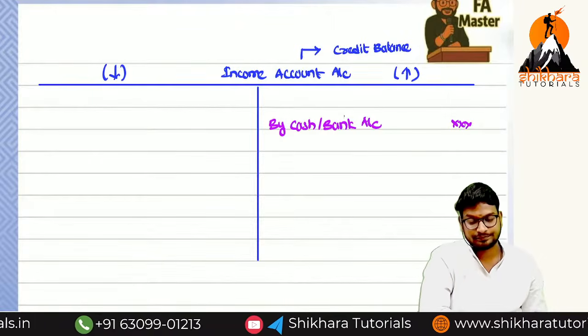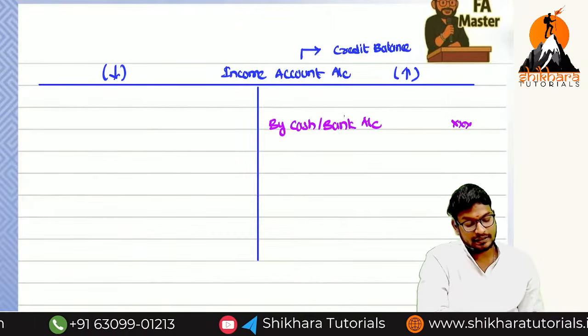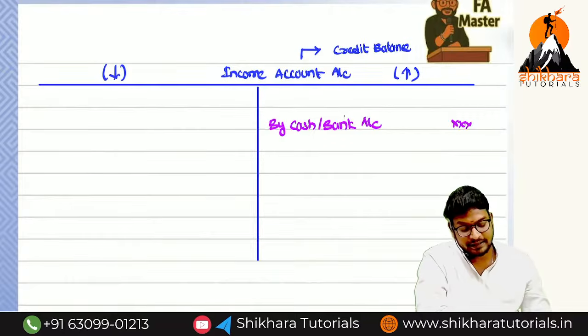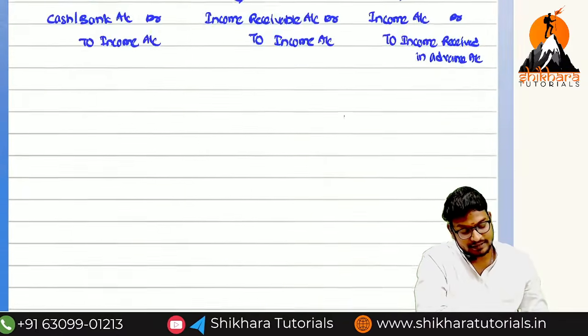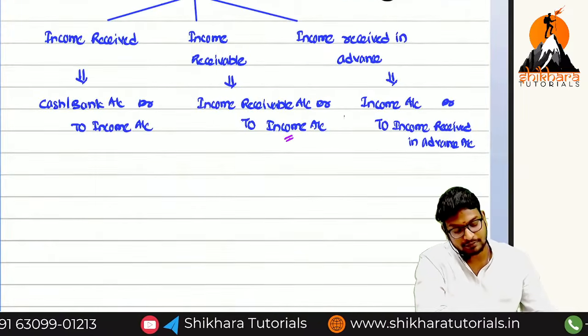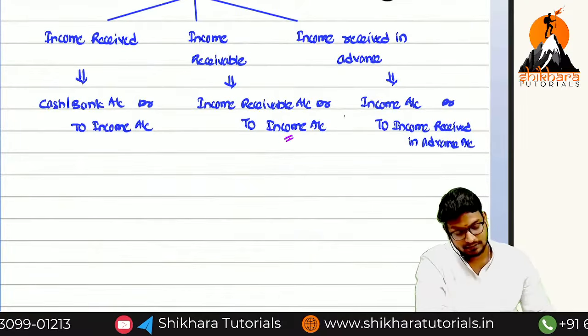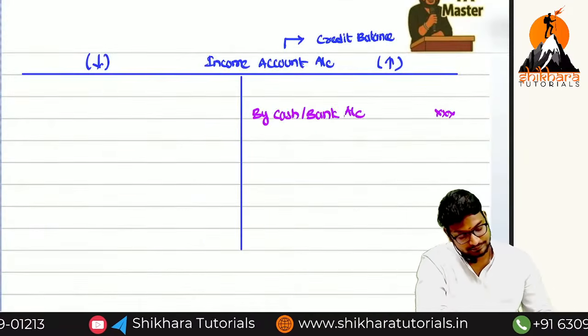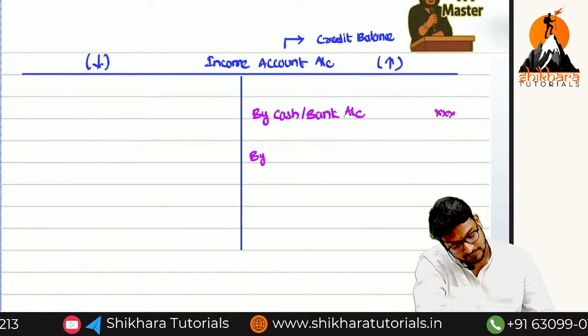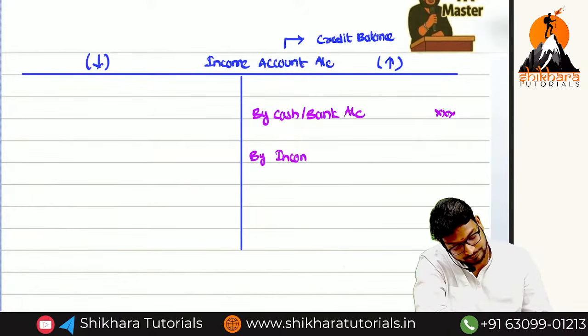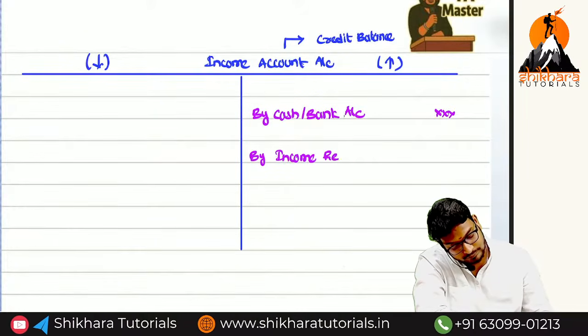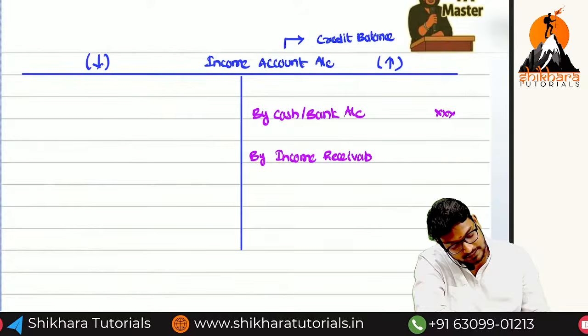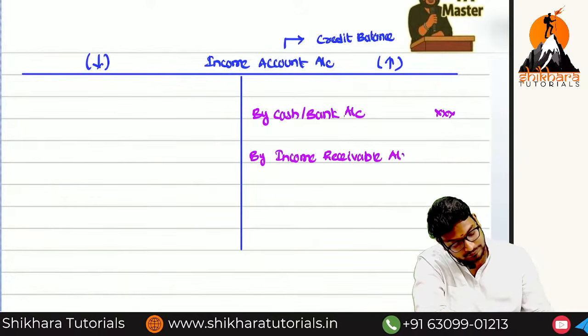So next one, income receivable. What is the entry for the income receivable? Income receivable account debited to income account. Again, which side do we have to record? Credit side only. By income receivable account.